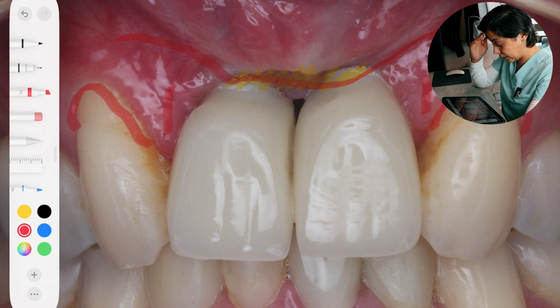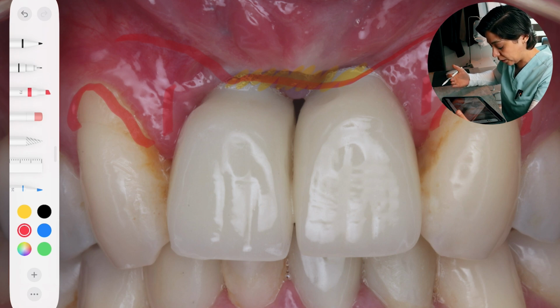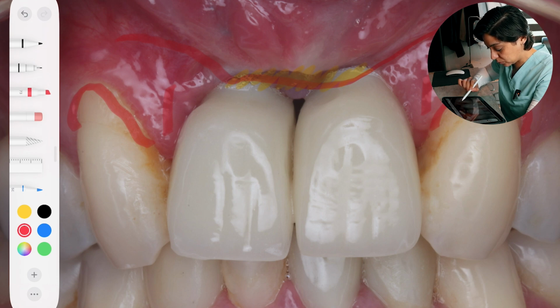But for this case, I just wanted to show you guys how it looks when you don't have the right amount of gum and your implants are of course compromised in these type of scenarios because you only have soft tissue covering around your implants, and that's really hard to keep clean.